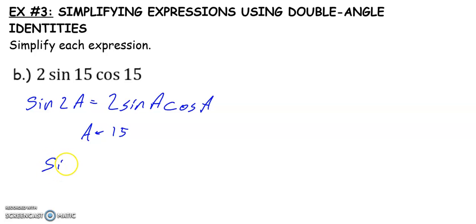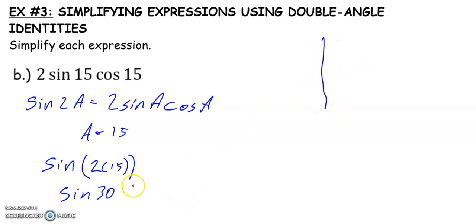So we're going to find the sine of 2 times 15. That's going to be the sine of 30. Well, 30 degrees is on my unit circle. It's the first line up, and this is at the point radical 3 over 2, 1/2.